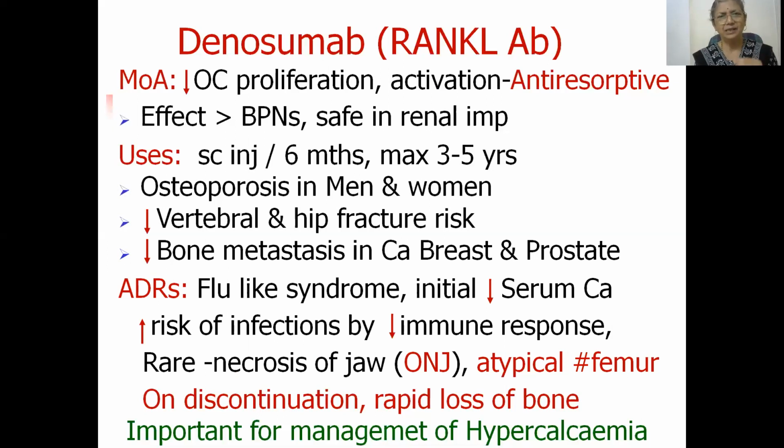We identify their role in one situation and try to manipulate it, reduce or increase it, and then it also affects many other conditions where we have not realized that it is really working. And so those adverse effects subsequently manifest. Because these RANK ligands also play an important role in immunity, if you block their action by using denosumab, immune response reduces.